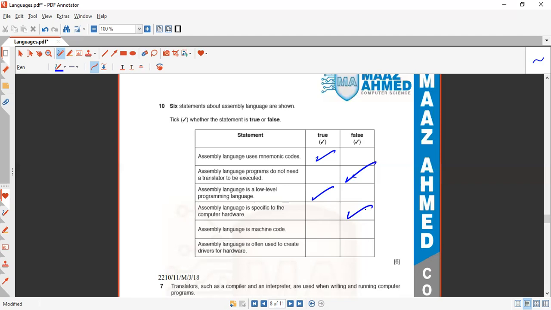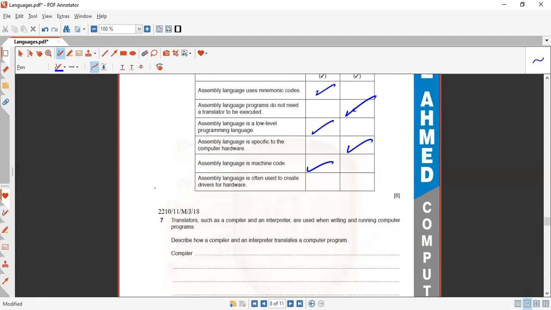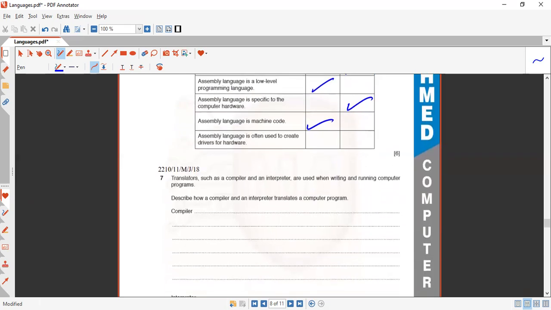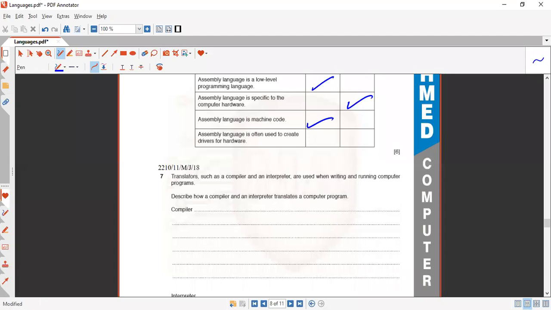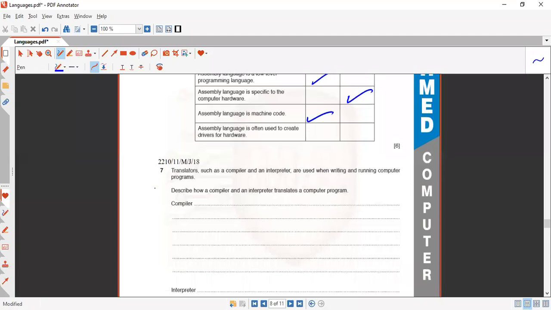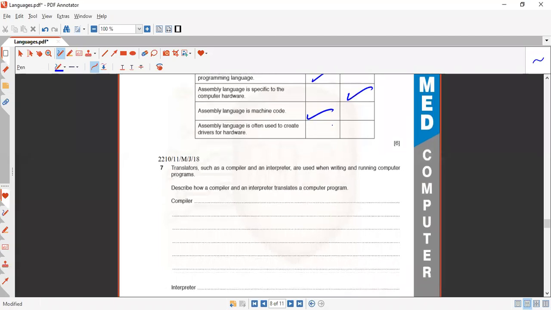Yes, guys? True. Assembly language is often used to create drivers for hardware. True.